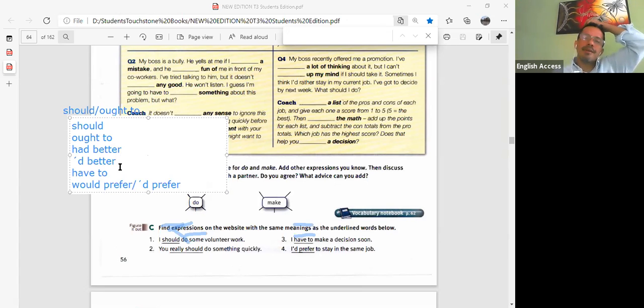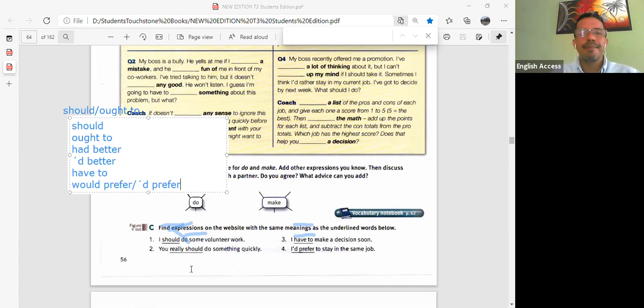When you use had better, there is like a consequence in the second sentence from the first sentence. Like in this case, I should do some volunteer work, I ought to do some volunteer work.